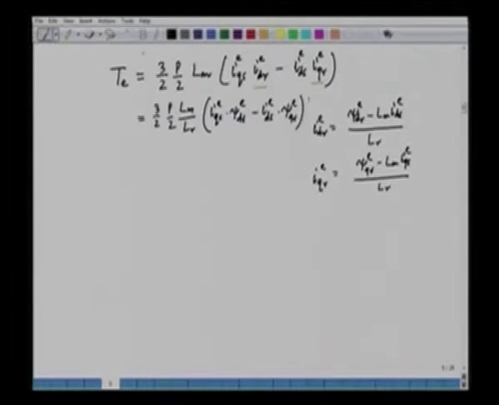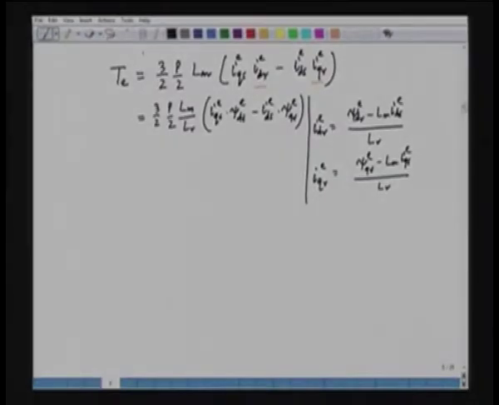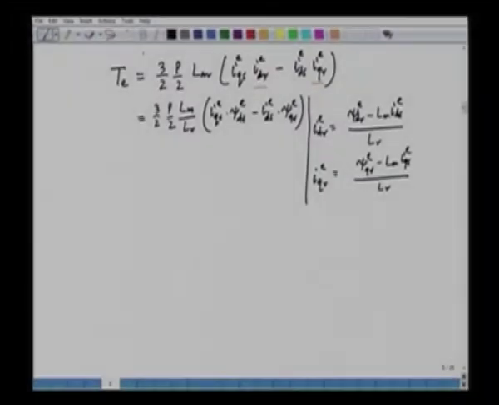So this is the expression for the torque of an induction motor as a function of the stator currents and the rotor flux. And this equation will give us the equation of the torque as we have seen in case of a DC machine. So what we have here is the following, that we have psi QR equal to 0.